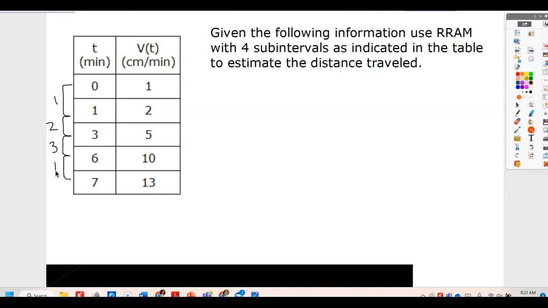So then it says use RRAM. So I'm doing right rectangles. I'm going to say, well, it's base times height, so 1 times 2, because it's the rightmost endpoint, plus 2 times 5, plus 3 times 10, plus 1 times 13.